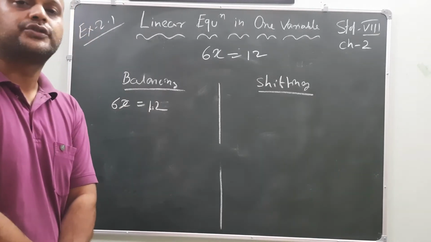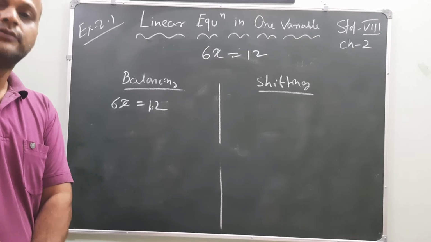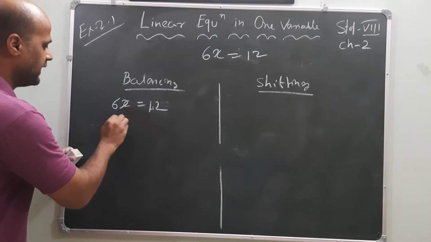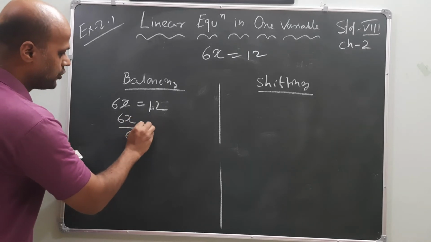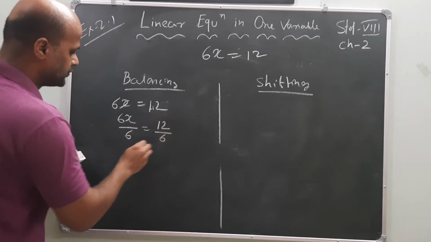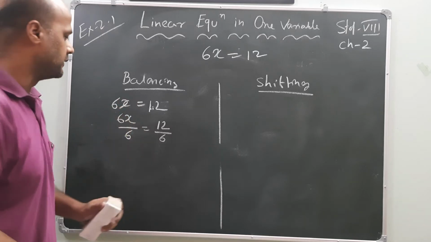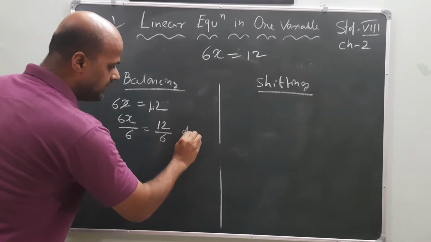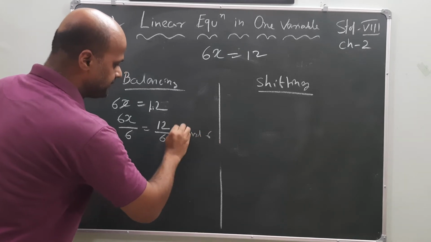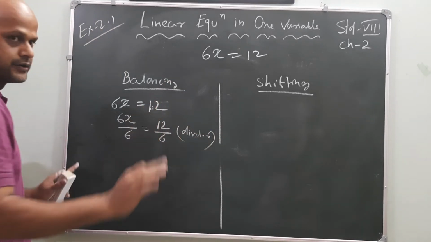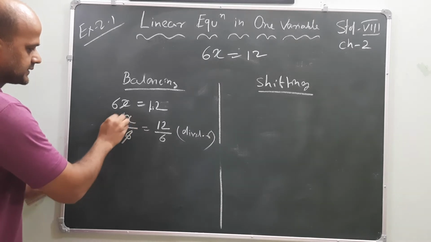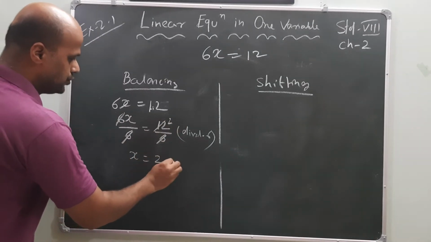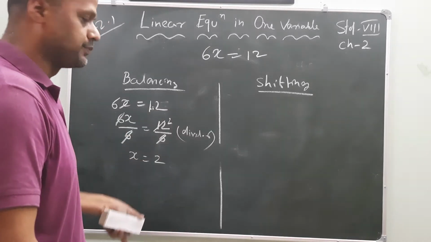So what do I have to do so that 6 will be cancelled? Yes, we have to divide by 6 on both sides, so that 6 will be cancelled and 1 will come. Now what do you have to write? Divide 6. In the balancing process you have to write what you have done. Now cancel it. 6 1s are 6, 6 2s are 12. Now x is how much? 2. Understood? This is the balancing process.